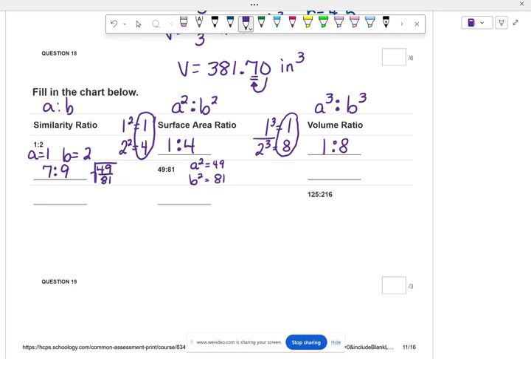So that means A is 7 and B is 9. To move way out here to the end, to be a volume ratio, we have to cube each number. 7 cubed is 343. 9 cubed, I don't know. I'll always have to go look that one up. That's 729. So this ratio would be 343 to 729.